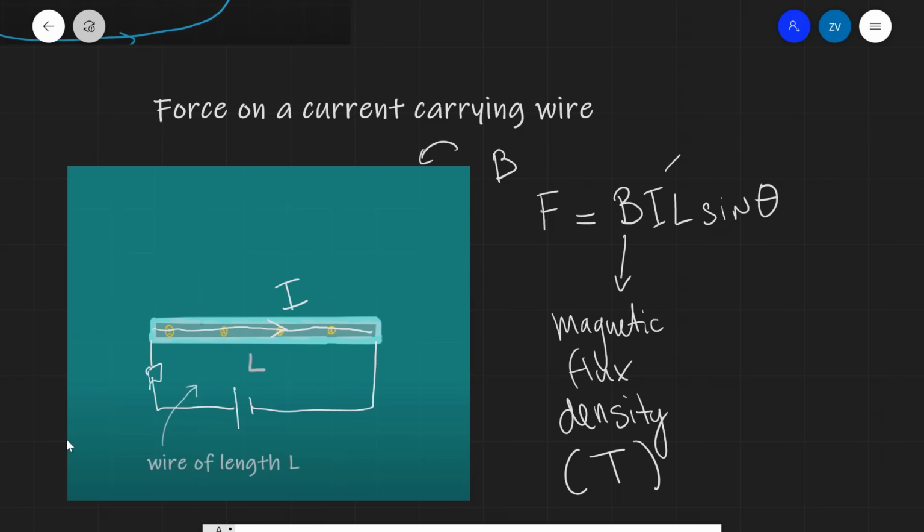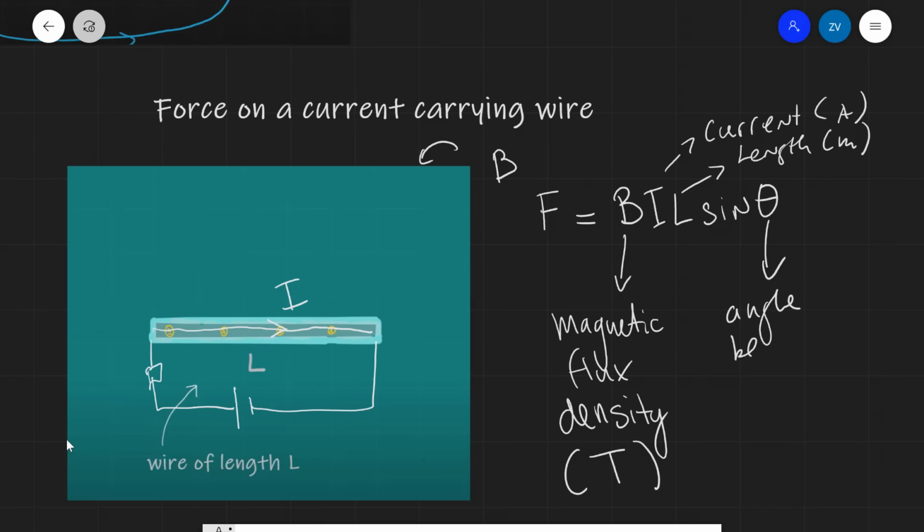I, this is just our current, our standard current, which is measured in amps. L is going to be the length of the wire, so that's just the length of the wire measured in meters. And theta, that we use the sine of, this angle here is the angle between the wire and the field.